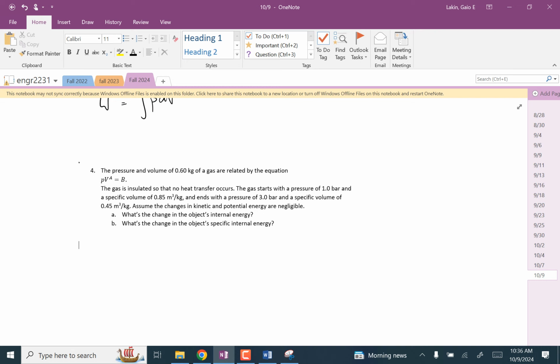That's the main thing it's useful for, coming up with pressure as a function of volume. So no heat transfer. You're given 2 properties at both of these 2 states.